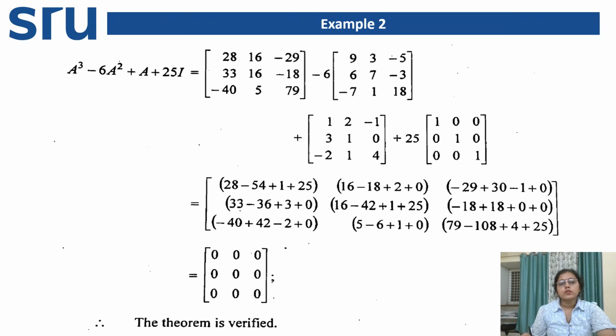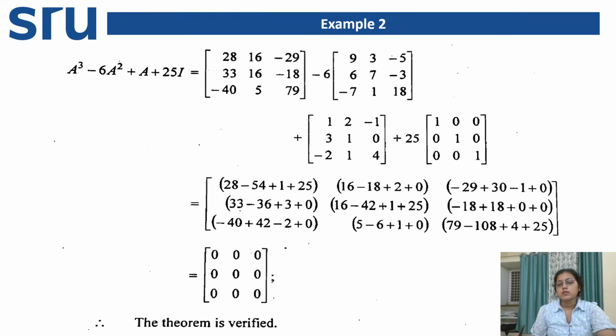Now you have to put in the place of A cubed, A squared, A and I. This is A cubed and this is A squared, A, and this is nothing but your unit matrix I. Now you have to do the calculation in each entry. So this is 28 minus, do the scalar multiplication, which means multiply 6 into each entry.